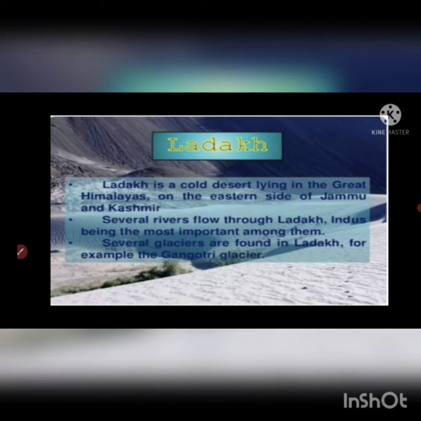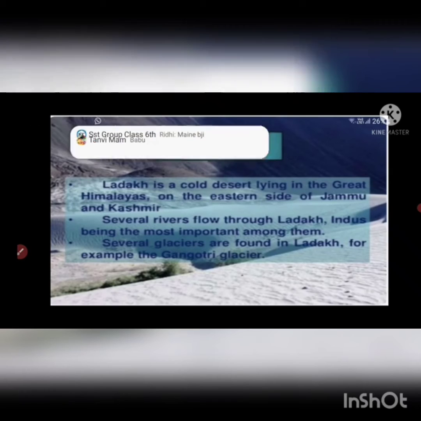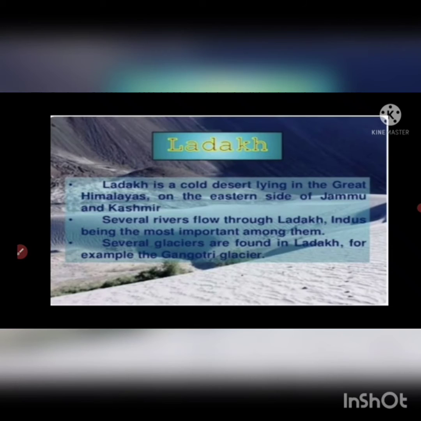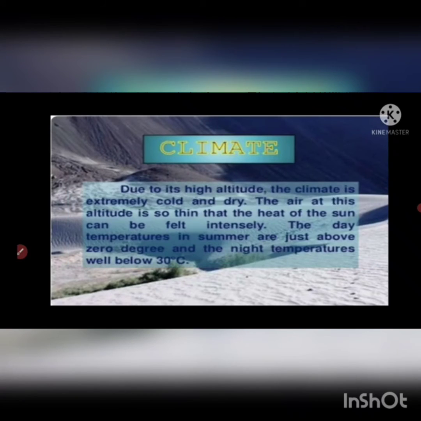Why is there extreme cold and dry weather? The air at this altitude is so thin that the heat of the sun can be felt intensely. Due to its high altitude, the climate is extremely cold and dry.